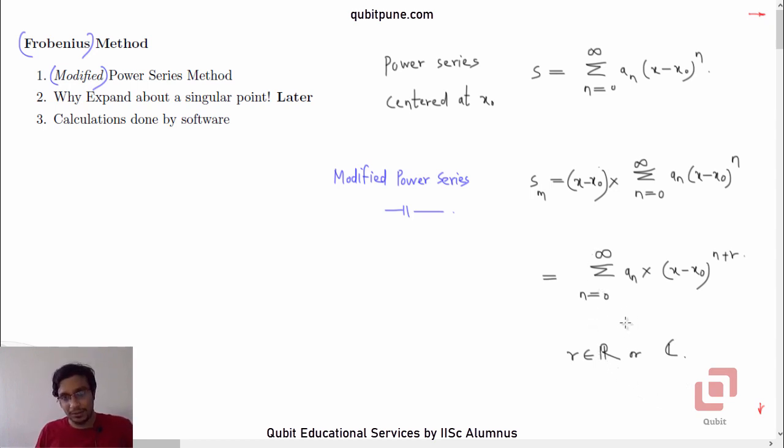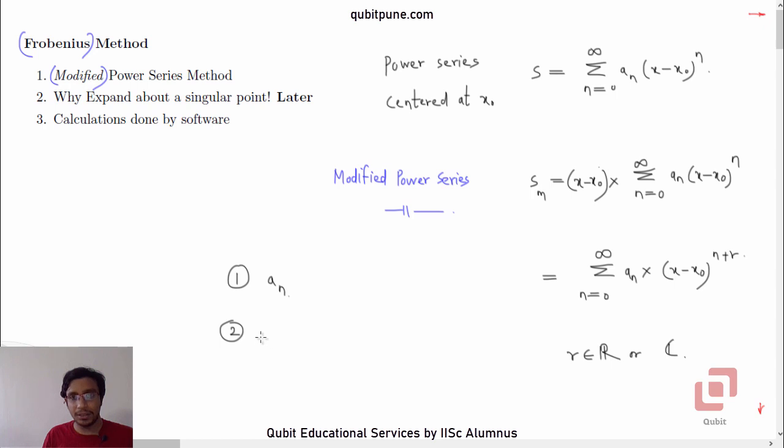Now our whole objective in the Frobenius method is to determine two things. The first job is to find the values of the coefficients a_n, obviously, and this is what we did in our original unmodified power series method.